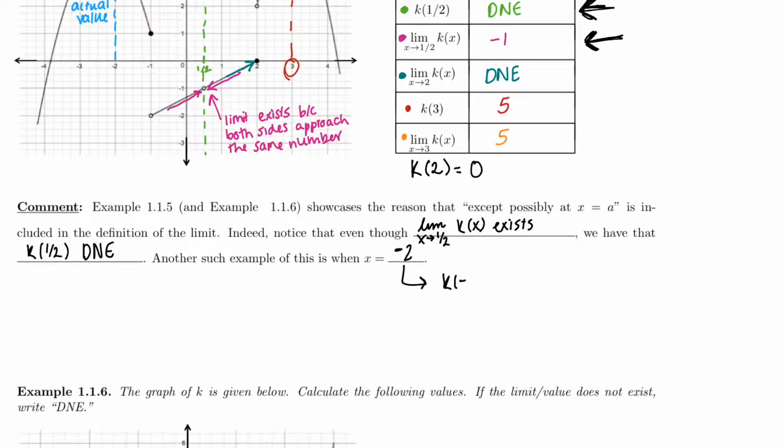So k of -2 was 3, but the limit as x approaches -2 of k of x is 4, and those are different numbers.